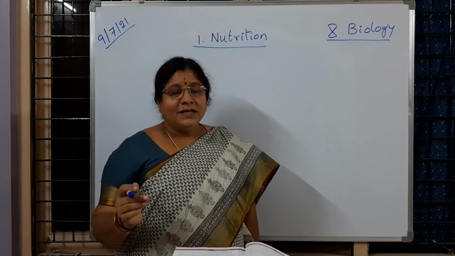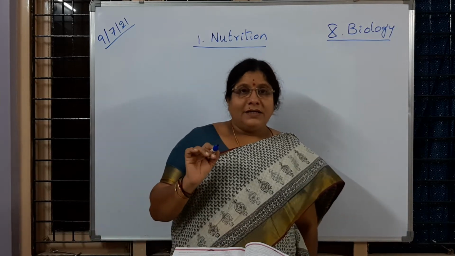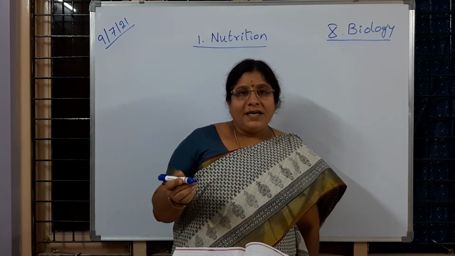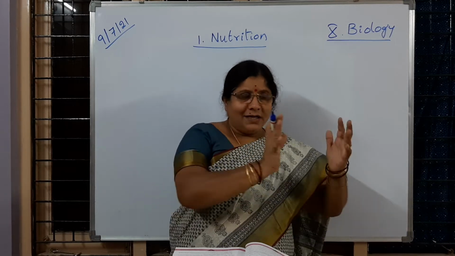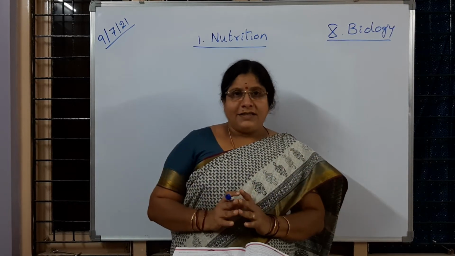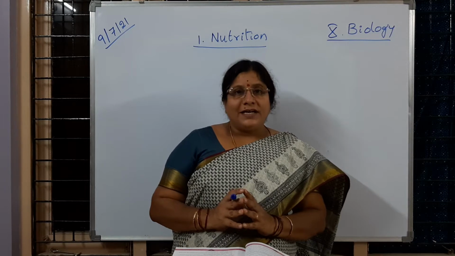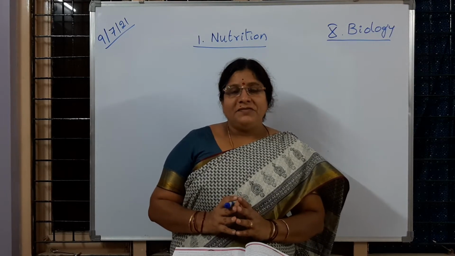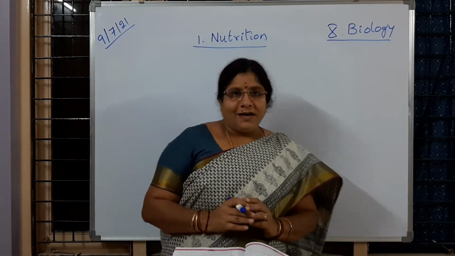Is it clear to children? So now you can frame the differences. Now that you have light reactions and dark reactions, let us learn the differences between light reaction and dark reaction.